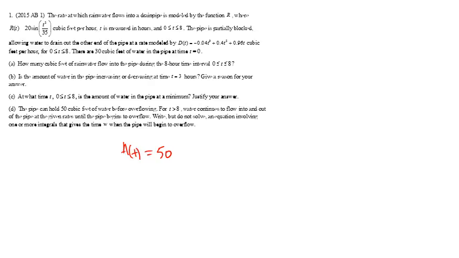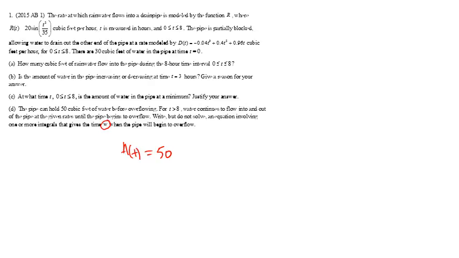So what we want to do is basically use our equation from part C that we already wrote. We want to substitute in 50 for A of T, and for T, we're going to substitute in W because that's when the pipe will begin to overflow.